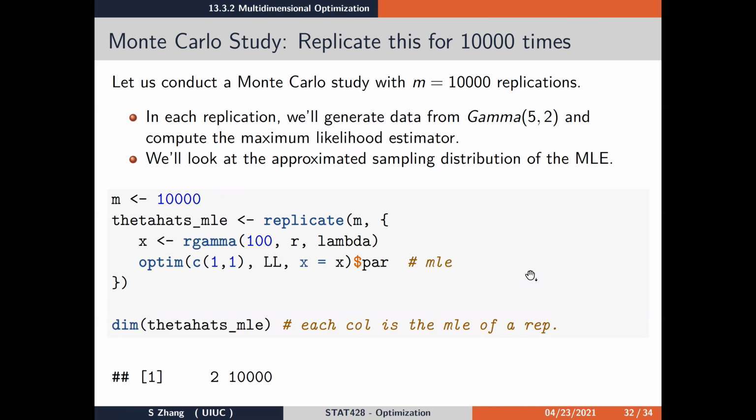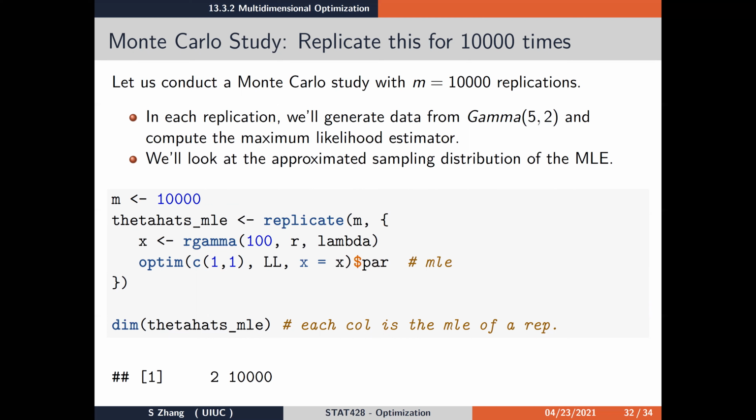Let's try to conduct a Monte Carlo study with 10,000 replications. In each replication, we'll generate the data from the gamma 5, 2 distribution, a sample of size 100, and we will compute the MLE using the earlier code. And in the end, across the 10,000 replications, let's look at the approximated sampling distribution of the maximum likelihood estimator.